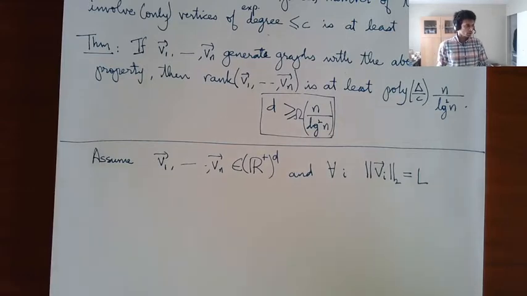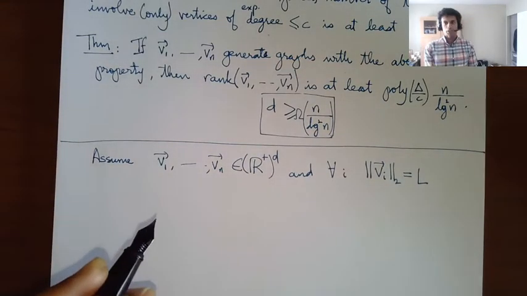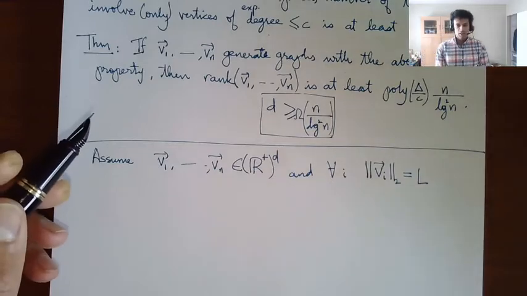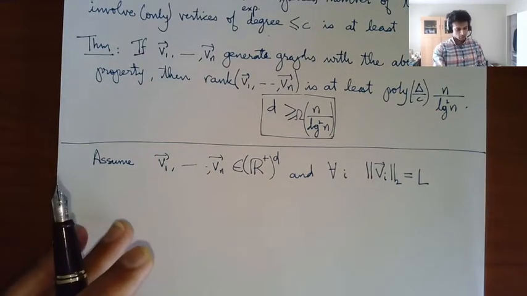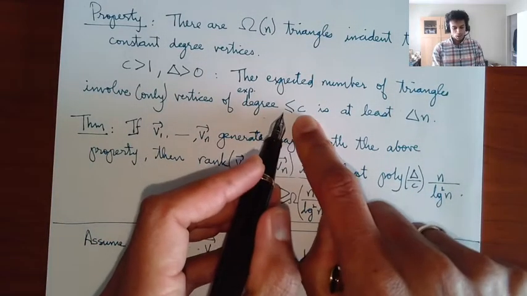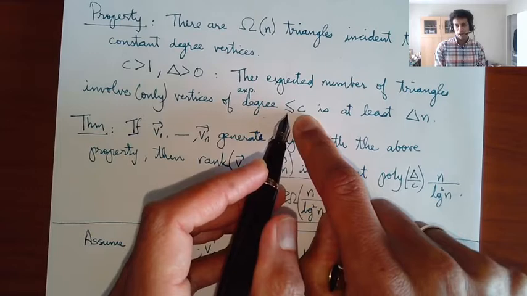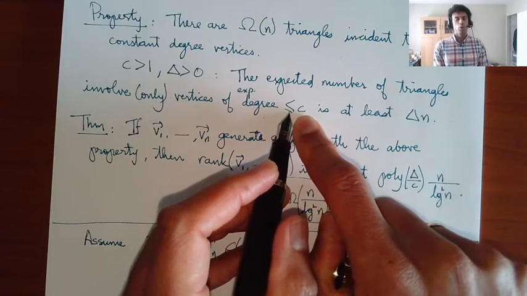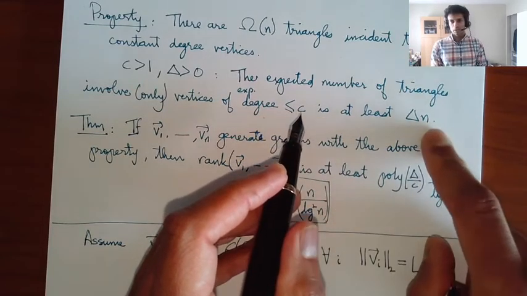Okay, if that is clear, I'll give you a sketch of the proof. Let me show you that there is an inherent tension between two things here. One is the fact that you need the graph to have many vertices of low degree, whereas you need to have lots of triangles.